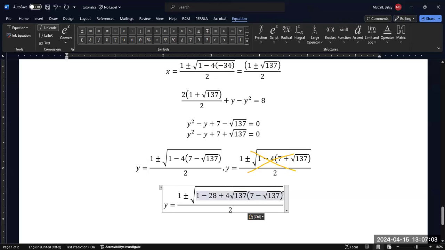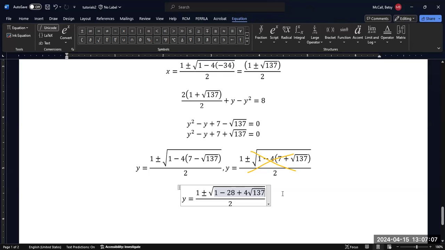And again, this is going to be a positive value under the radical. Again, it's not an attractive value, but it is a positive value under the radical. And so I am going to get two solutions out of this.